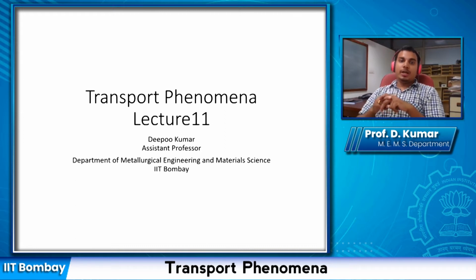In continuation to that, today we'll talk about a very special case, which is the compressible flow of gases. You know that gases can be compressed, and to start with, you can use ideal gas equations to see the compressibility effect.